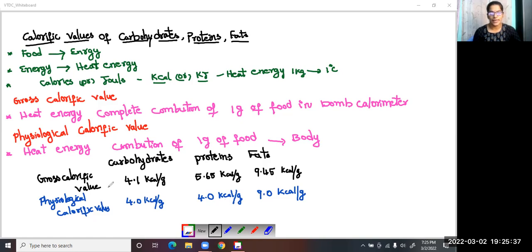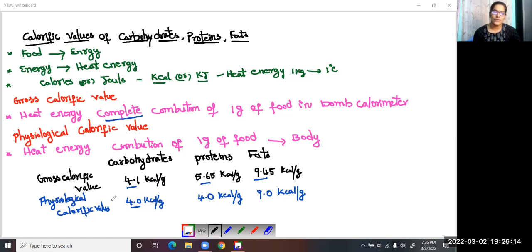This is because gross calorific values are experimental values. Complete breakdown of the food happens in the bomb calorimeter, so the gross calorific values of carbohydrates, proteins and fats are more than the physiological calorific values. Whereas for the physiological calorific value, the energy may be lost in the form of heat energy.